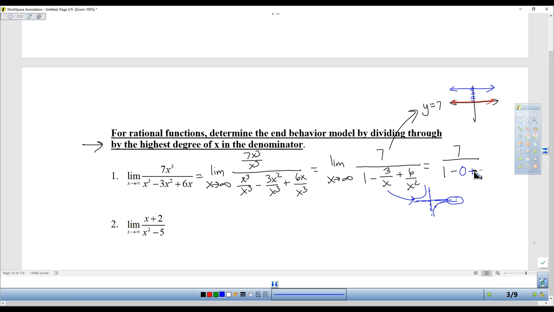So if you don't want to think about it graphically, then just think about it in a common sense way. So this becomes 7. That is the answer to the limit of this function, which you can't possibly graph easily. But now at least you know that in the end, it's going to limit out at 7.